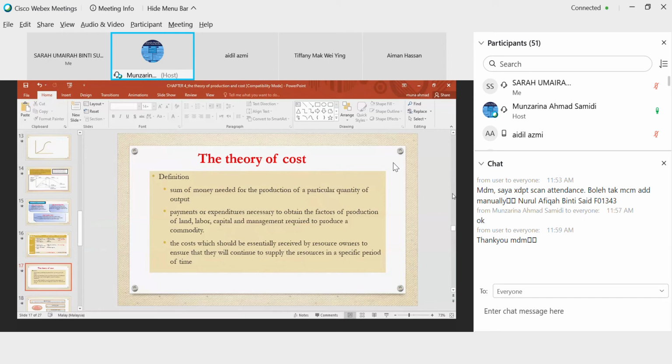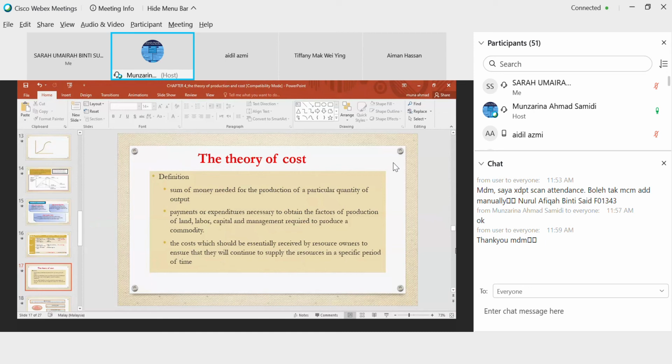Irdina Afifah, Nurul Afiqah, Muhammad Hazim, Aidil Azmi, Habibah Maisarah, Sarah Umairah, Dania Farisha, Ainul Madiyah, Muhammad Nur, Akirah, Nur Fatin Farzana, Farisha, Salihah Farifin.